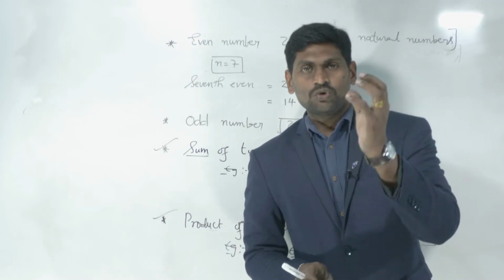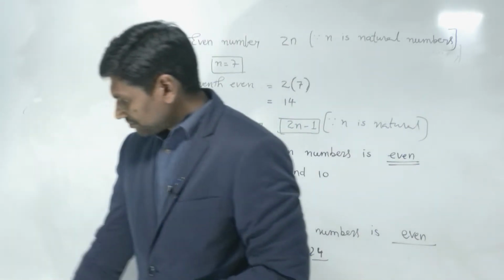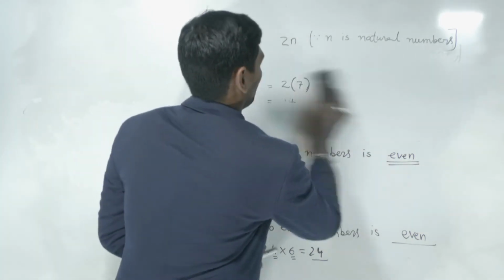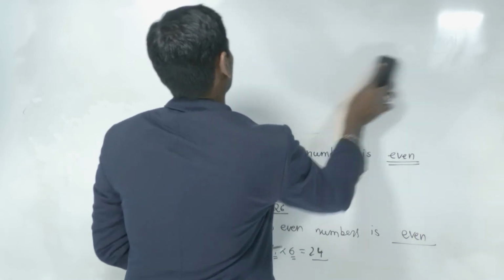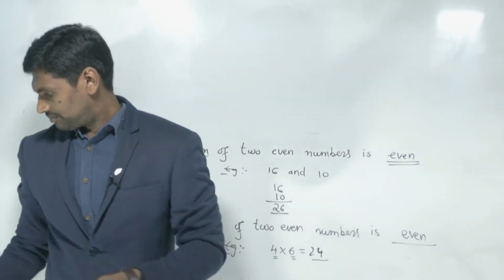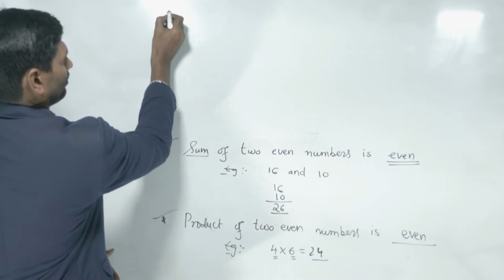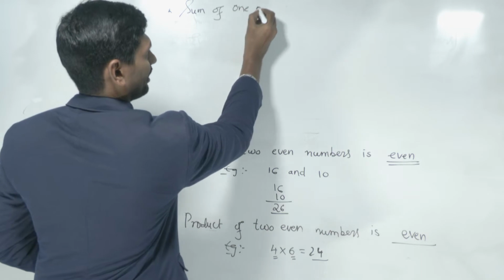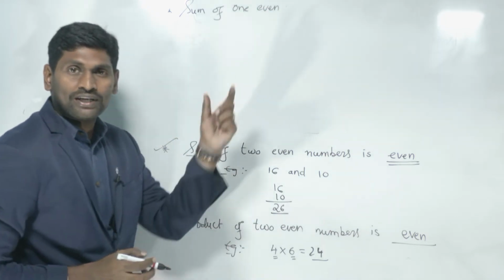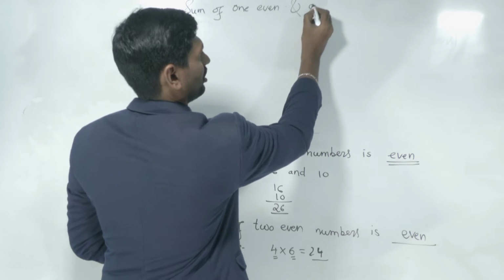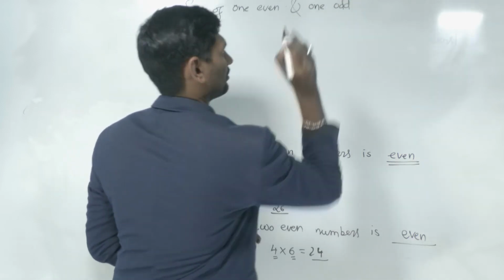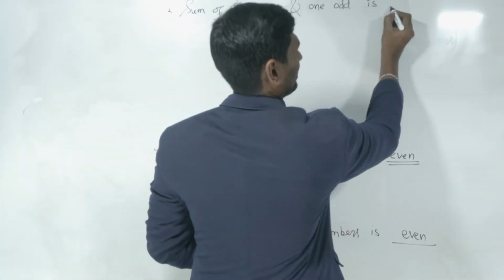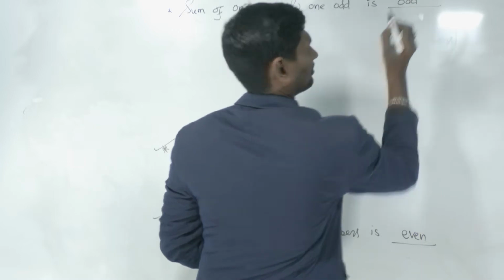Now let us check one even number and one odd number. Third point, sum of one even number and one odd number. The answer is an odd number.